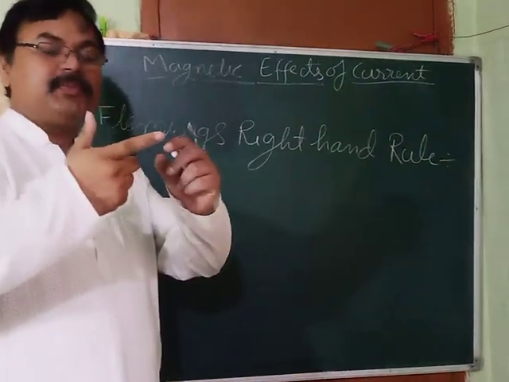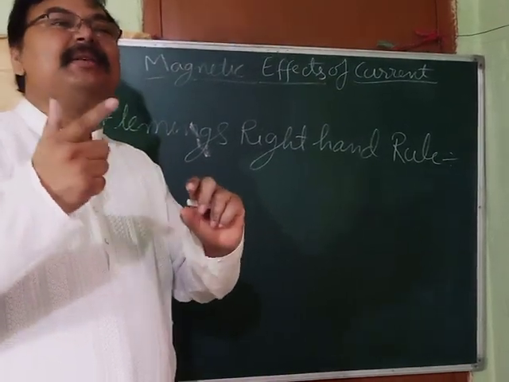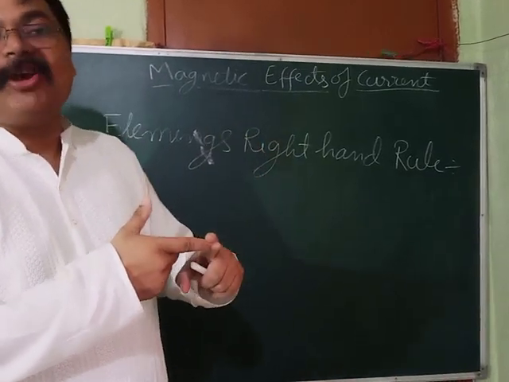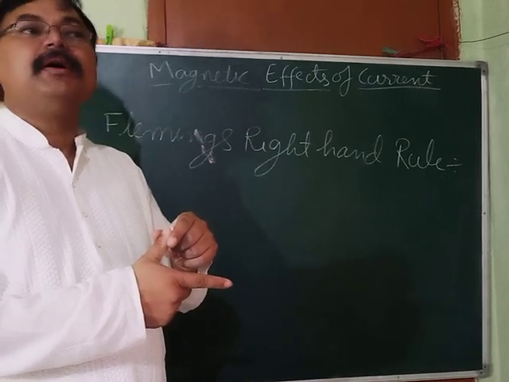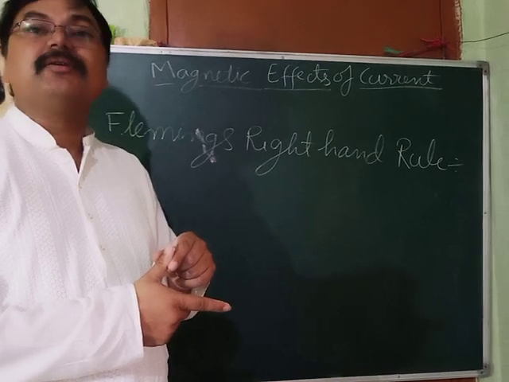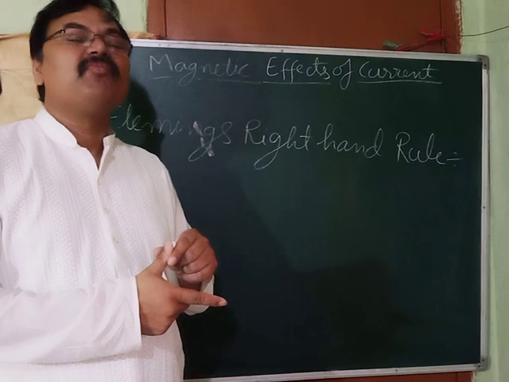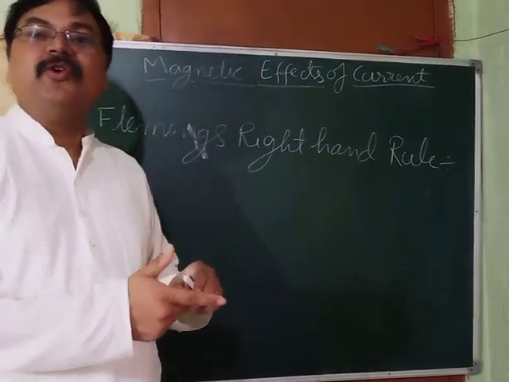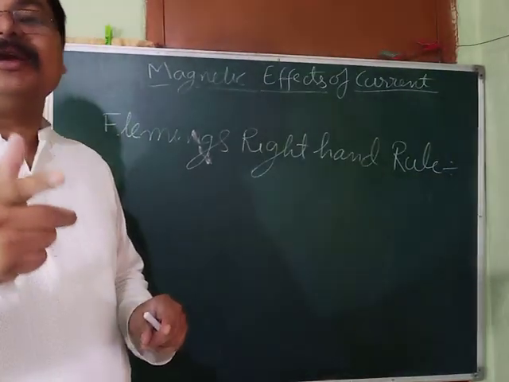the index finger is along the direction of magnetic field, the thumb is along the direction of motion of the coil or conductor, and then the middle finger gives the direction of induced current.